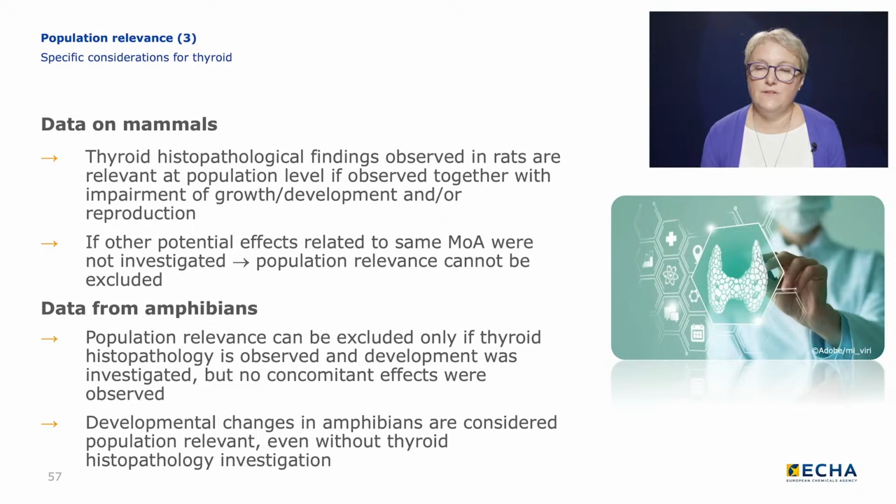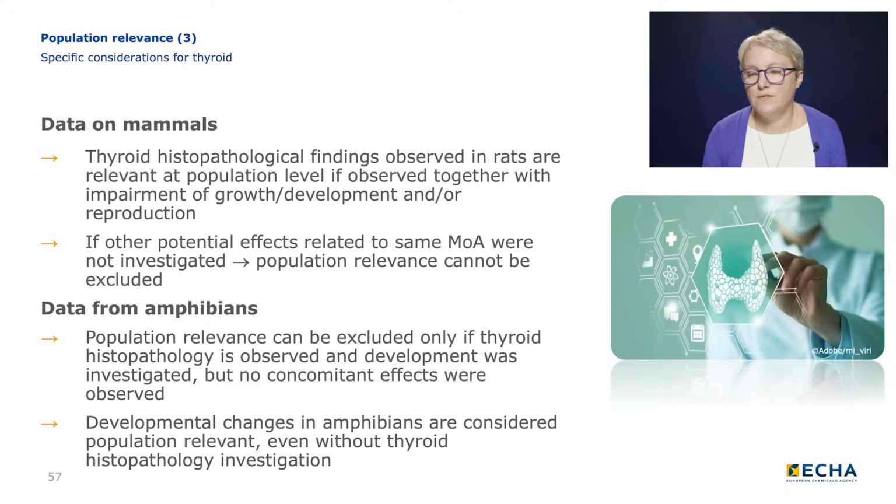However, if the other potential effects related to the same mode of action were not investigated, the population relevance cannot be excluded. In case of amphibians, normally apical endpoints are investigated together with thyroid histopathology, so population relevance can be excluded only if thyroid histopathological changes were observed and development was investigated, but no concomitant effects were observed.